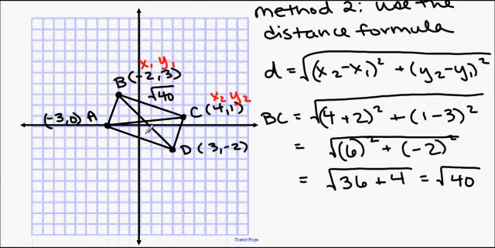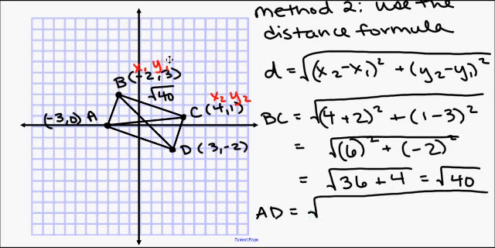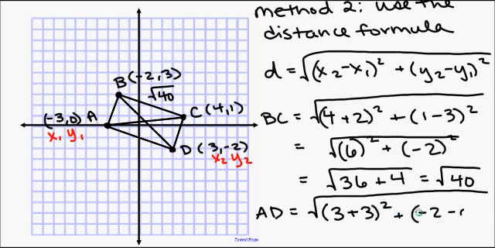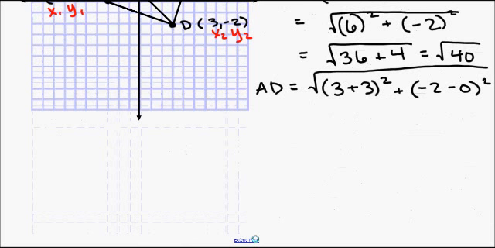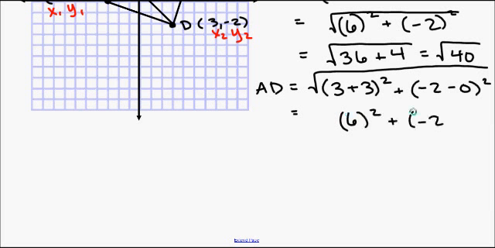Okay, let's find AD. It should be the same length. Move my labels. So I have x2 is 3 minus -3, so plus 3 squared, plus -2 minus 0 squared. And 3 plus 3 is 6. -2 minus 0 is -2.